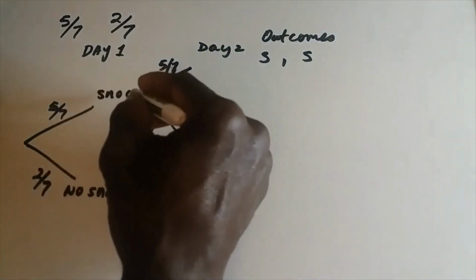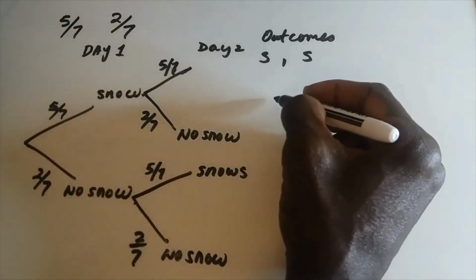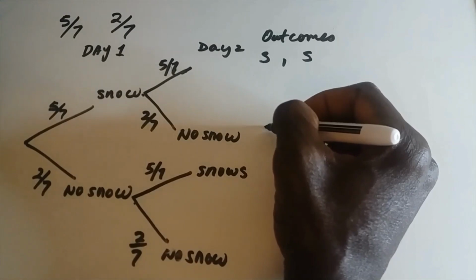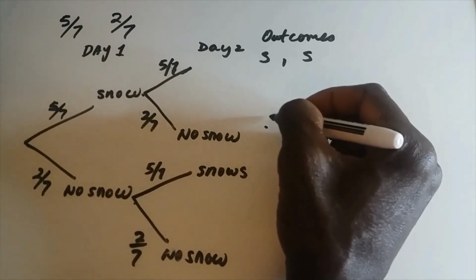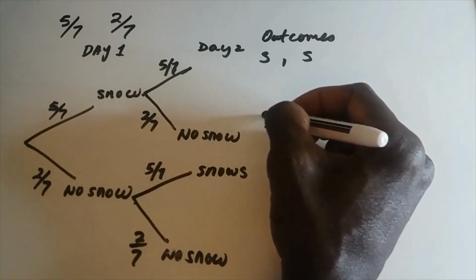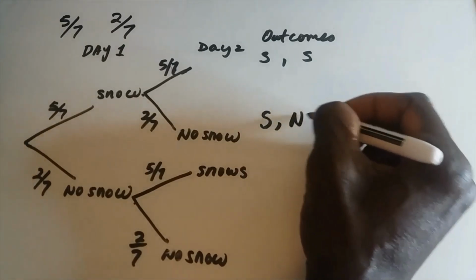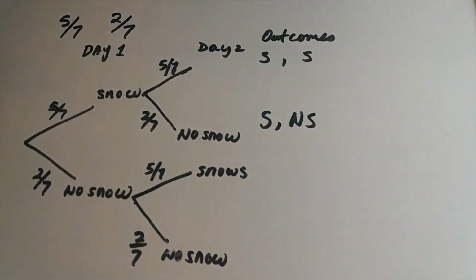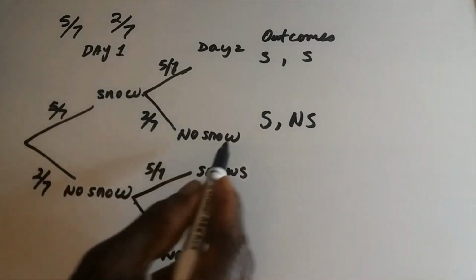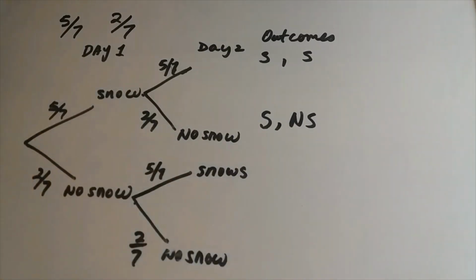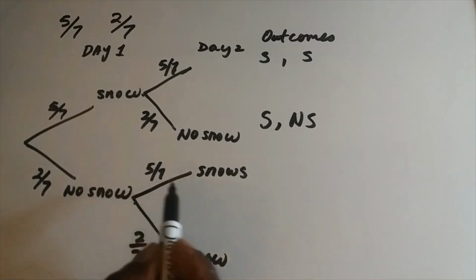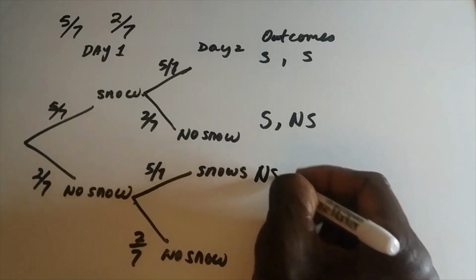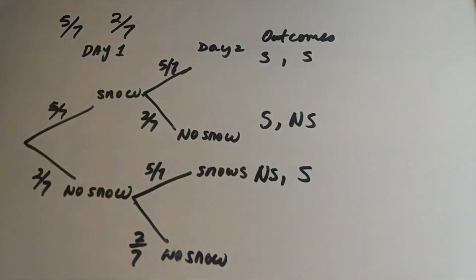Here, coming through this branch, we have snow and no snow. Then we can come along here for no snow, and then have snow. So we have no snow, snow. Or we can come along for no snow and have another day, in the next day, in fact, no snow.